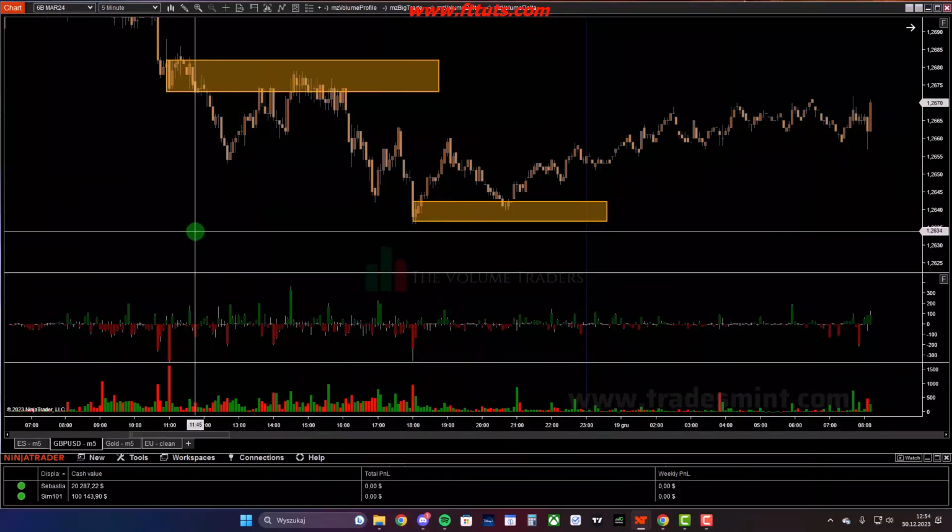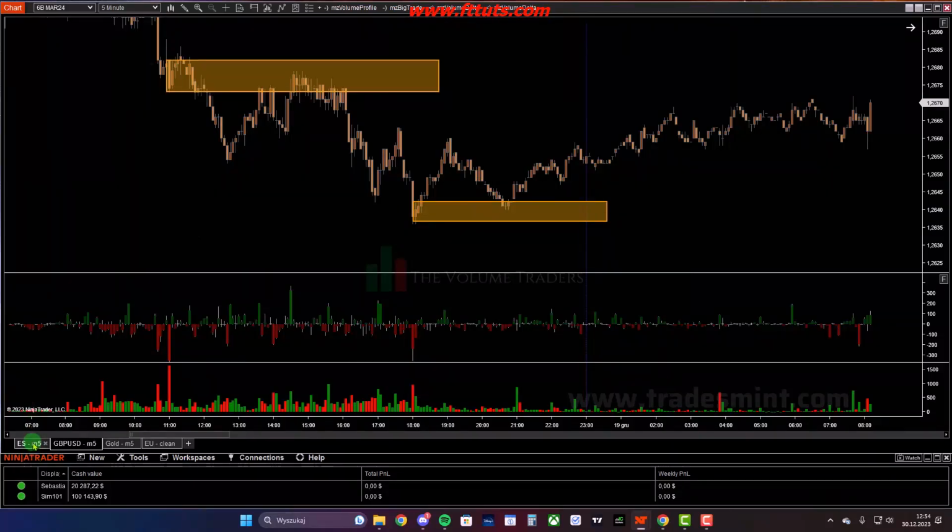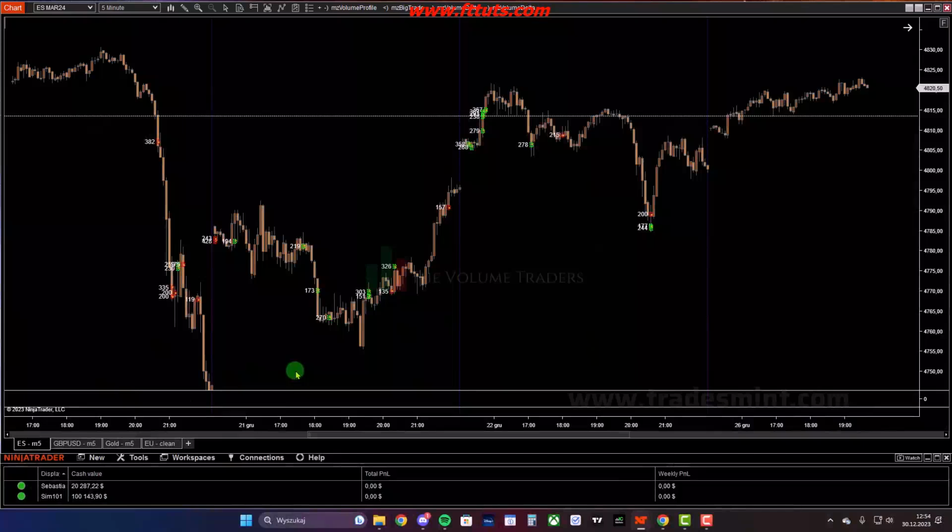And the last one, the most difficult, but I want to show it to you, is based on the tool Big Trade. It's hard to spot the correct areas. I use this only for fast scalping.